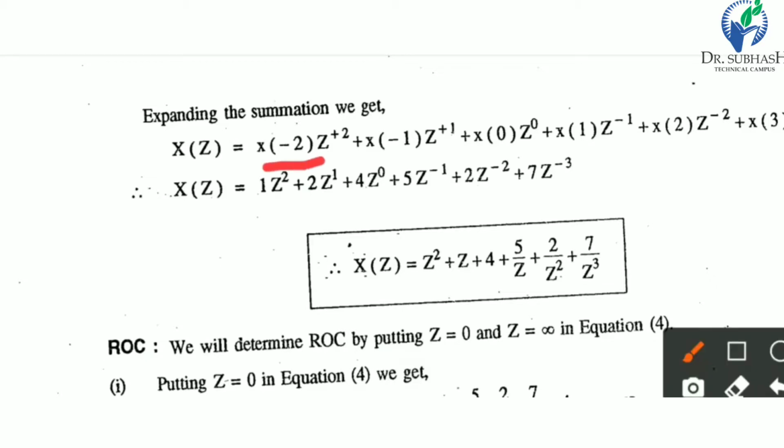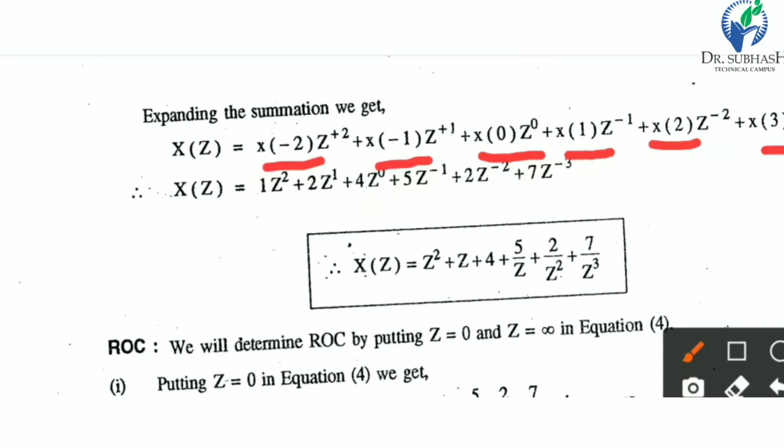So we get x of z equal to x of minus 2 multiplied by z raised to plus 2, x of minus 1 z raised to plus 1, x of 0 z raised to 0, x of 1 multiplied by z raised to minus 1, x of 2 multiplied by z raised to minus 2, x of 3 z raised to minus 3.